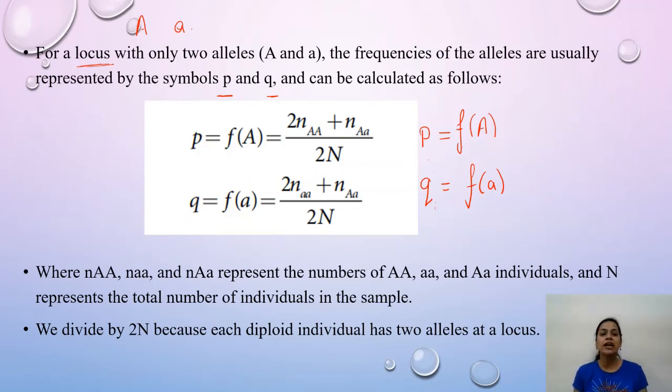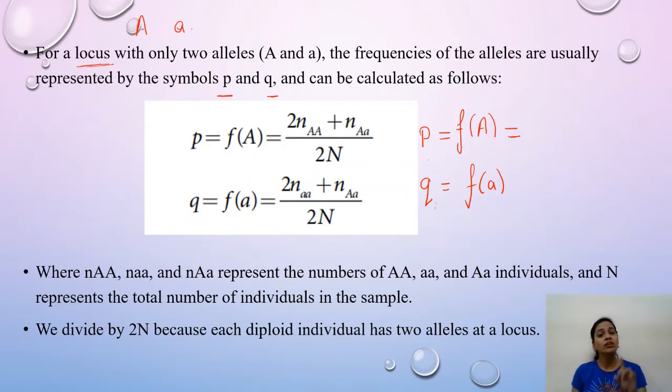Now let us understand this formula. If we understand how this formula is made, then we don't even need to learn it; we can simply write it on the basis of our knowledge in the exam.